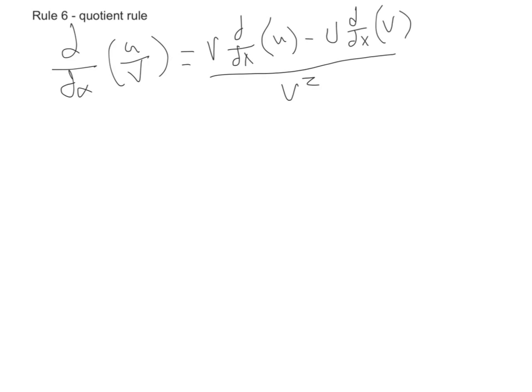I've got negative x cubed times 2x, and positive 4 times 2x. And I've got x to the fourth minus 9x squared plus 8x all over x squared minus 3 squared.